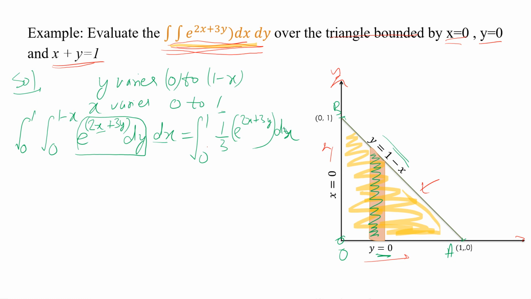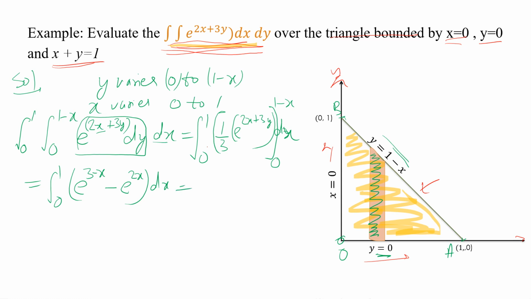Now apply the limit 0 to 1 minus x, and on simplifying we get integral 0 to 1 of e raised to power 3 minus x minus e raised to power 2x dx.